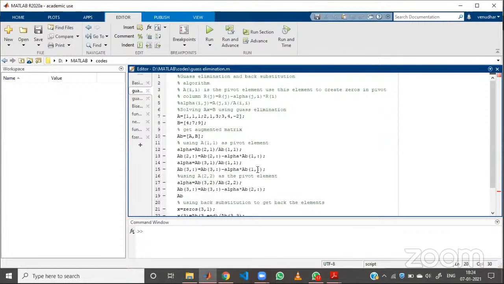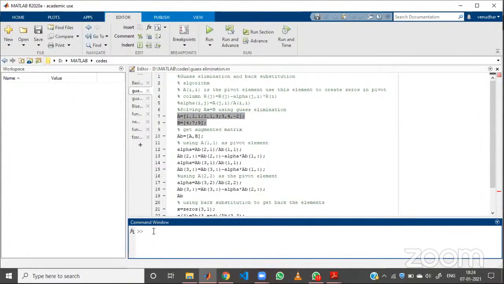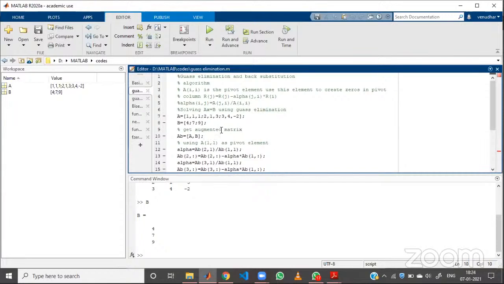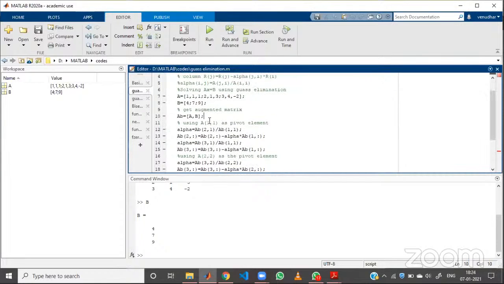I have taken a 3 by 3 matrix, meaning three variables, in which the A and B matrices are these. Here this is the A matrix, and this one is the B matrix. What will be the augmented matrix?